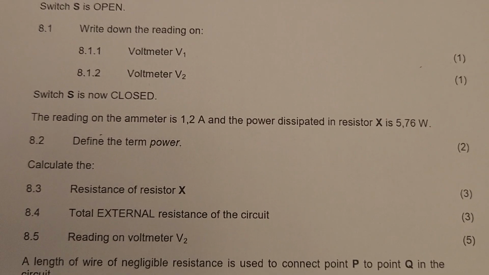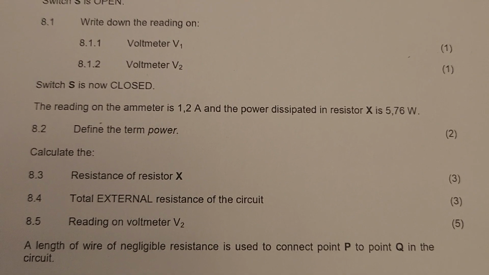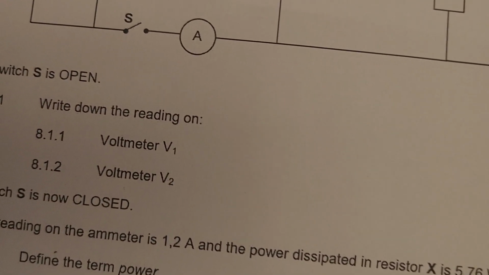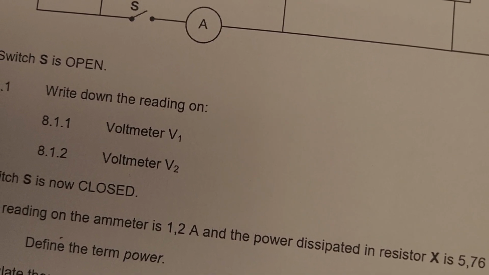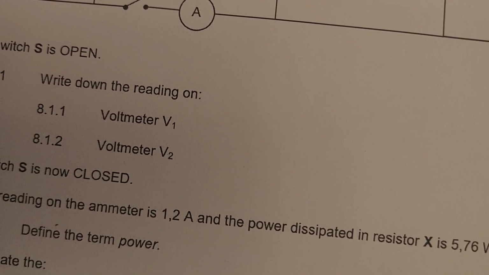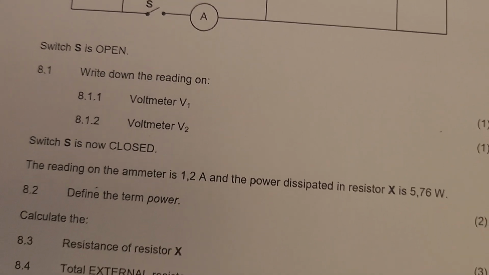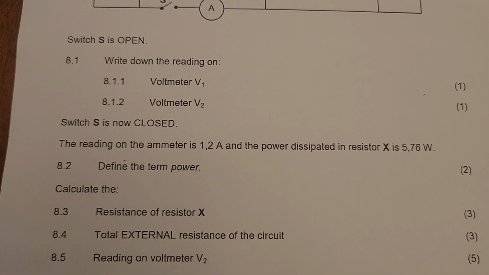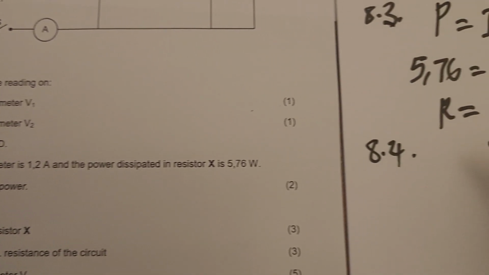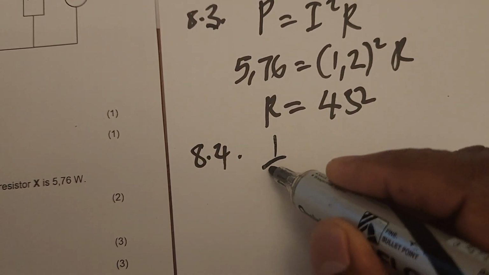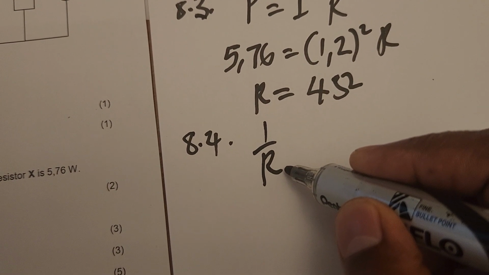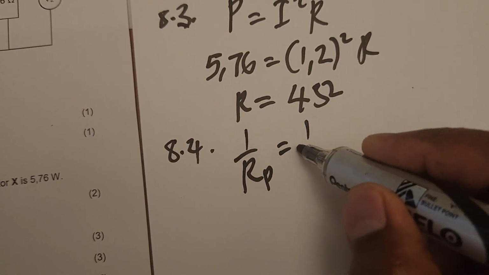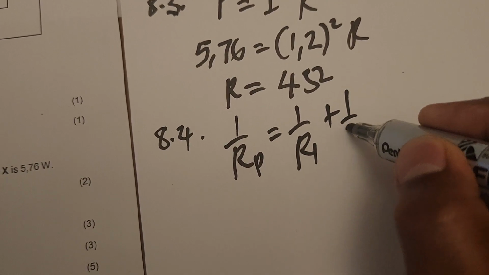We go to 8.4. They say again, calculate the external resistance of the circuit. Now we are using the formula that we know. When we calculate the effective resistance, it will be 1 over R parallel equals 1 over R1 plus 1 over R2.